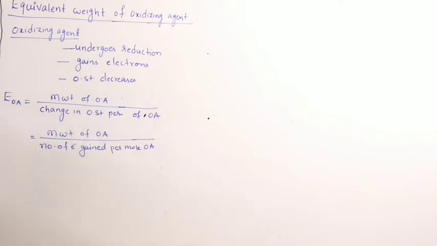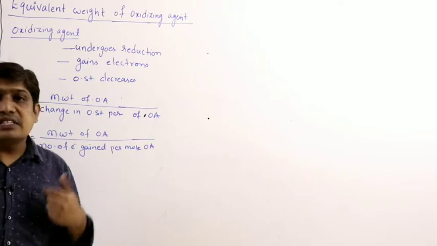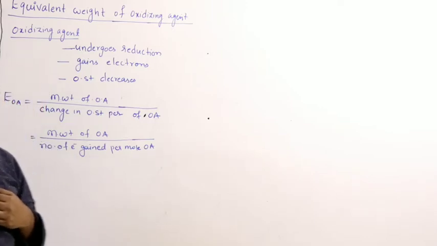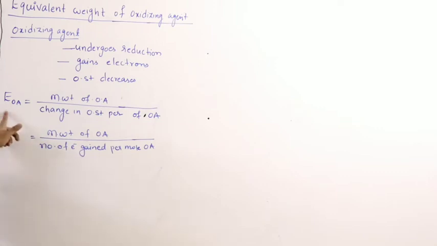So 1 mole of oxidizing agent gains how many electrons? That is what you have to calculate. So the equivalent weight of oxidizing agent is nothing but the mass of the oxidizing agent which gains 1 mole of electrons. Then equivalent weight equals molecular weight, nothing but mass.